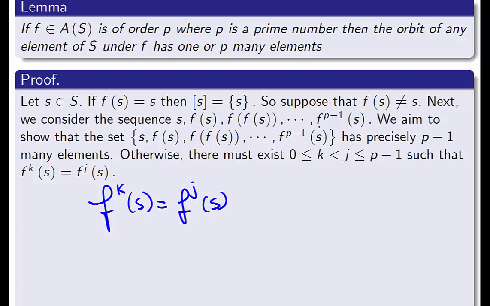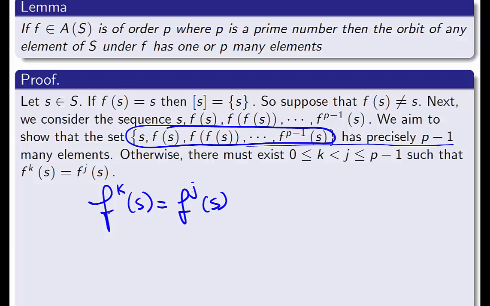So the idea is, if this result was not true, then you should be able to find two elements in this set which are equal to each other, but they come from different functions, and call j the larger exponent essentially.